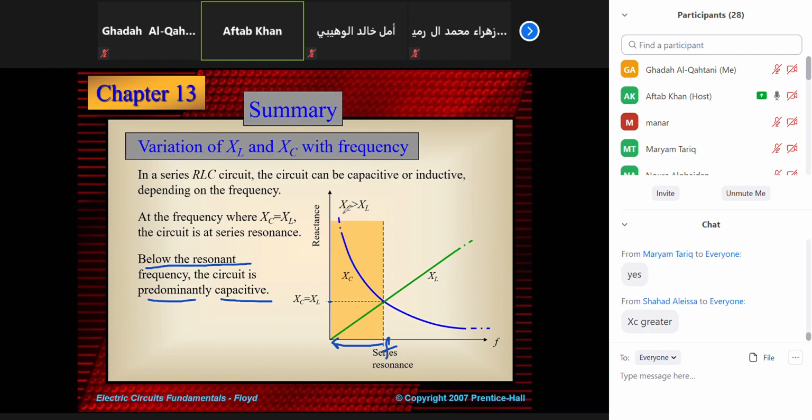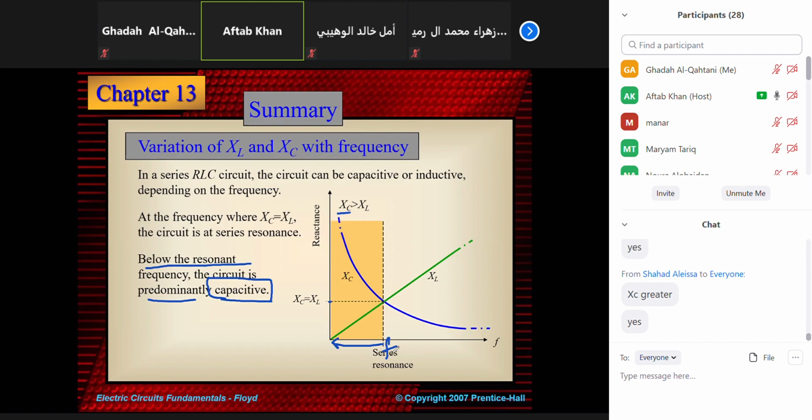So if XC is greater, the circuit is behaving like a capacitive circuit. Getting the point? Because XC is greater, it is behaving like a more capacitive circuit.